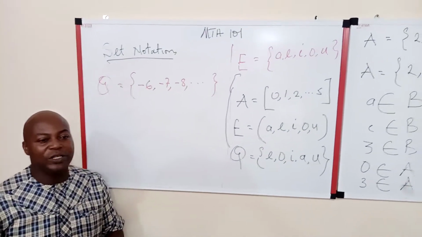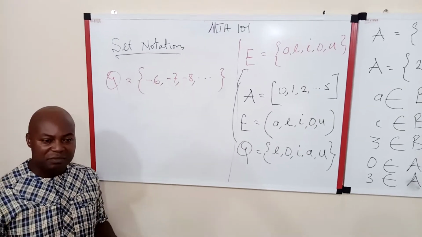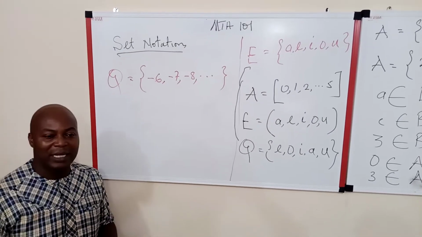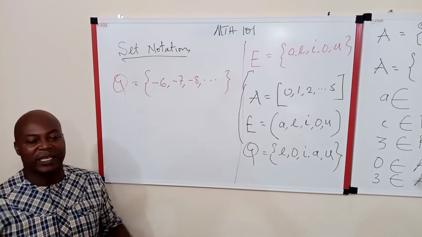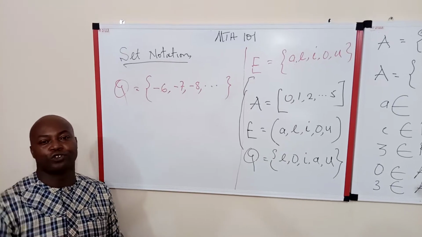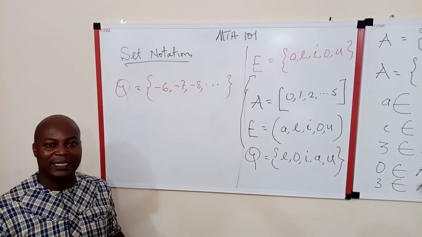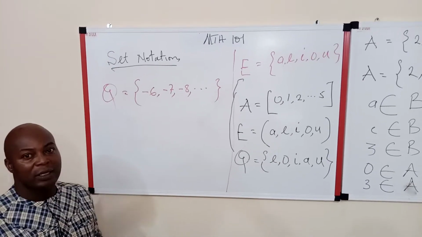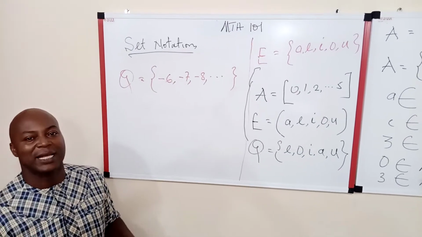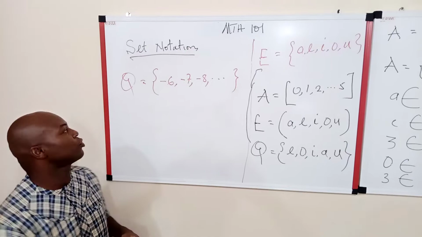We can also consider another set where we say, let us consider all negative integers that are greater than or equal to negative 2. Let's consider a set, say E, where its elements are negative integers greater than or equal to negative 2.